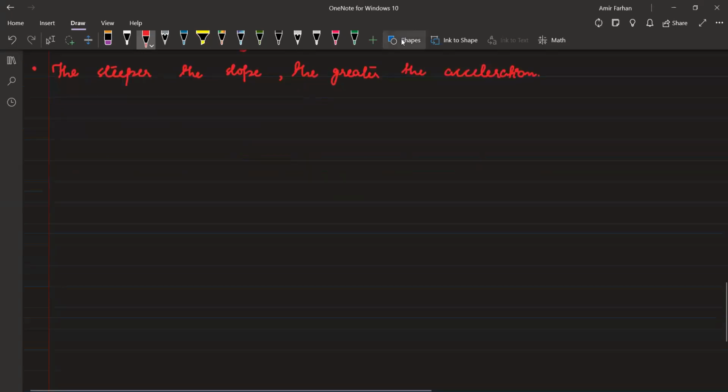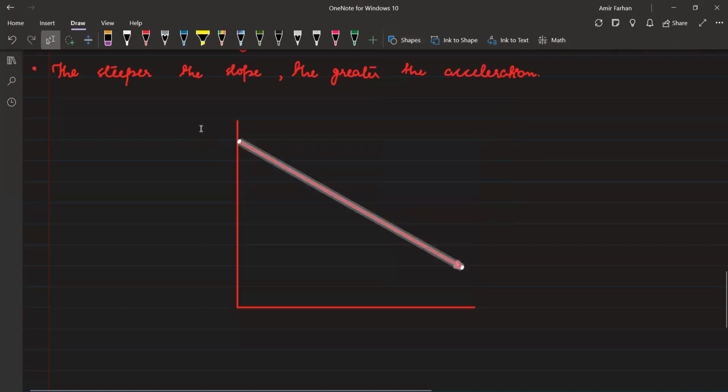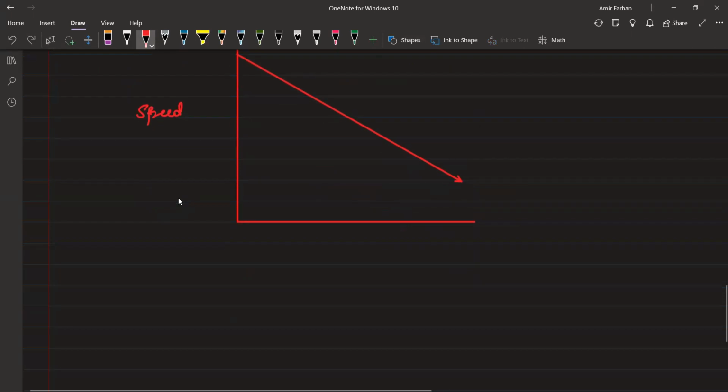Okay, Ayaan, one more graph is there for this acceleration. Suppose your object, instead of going upwards, the graph is going downwards. What does it mean? It means that the value of the speed is constantly decreasing with respect to time.